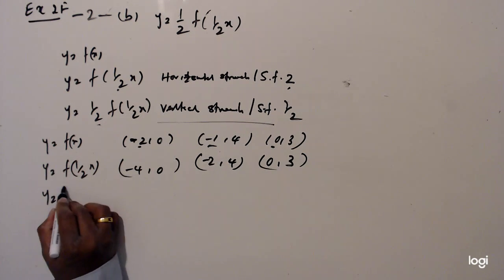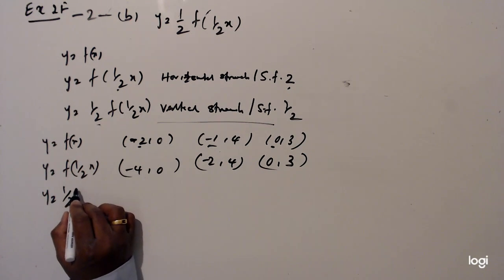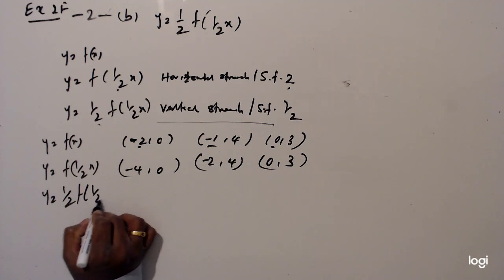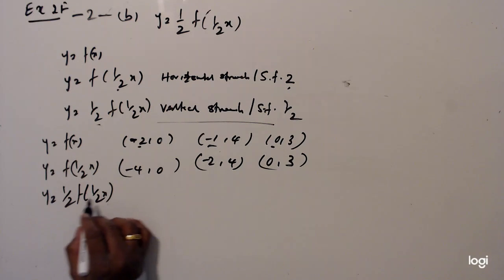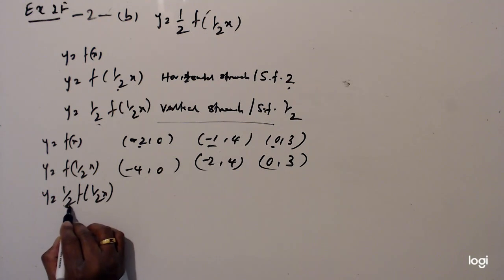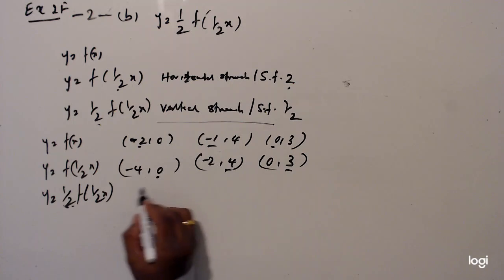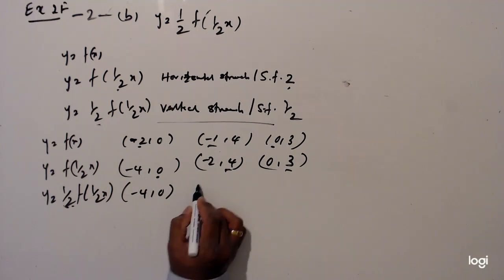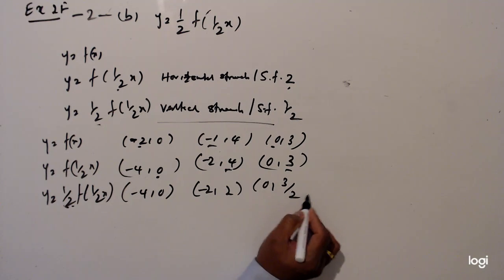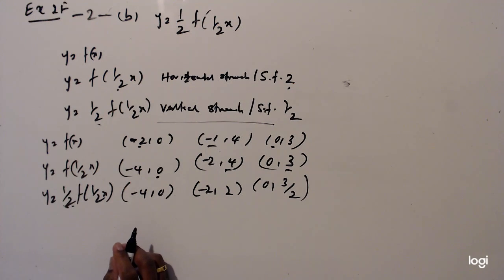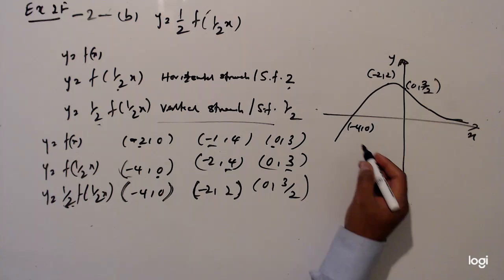Then y equals half f(half x). Then you want to take half of all the y values. So (-4, 0), (-2, 2), and (0, 3 by 2). So this is the graph.